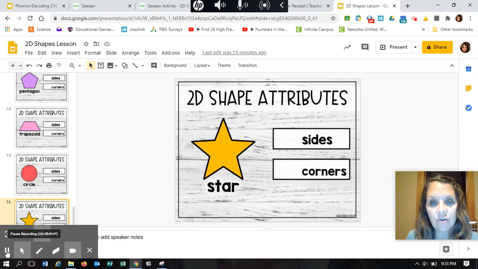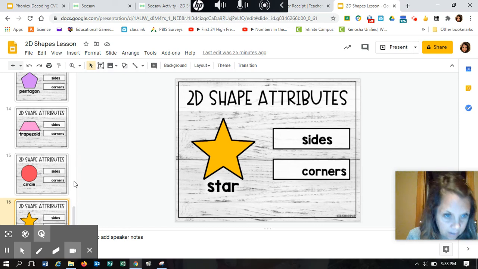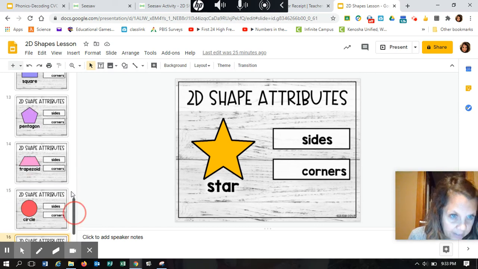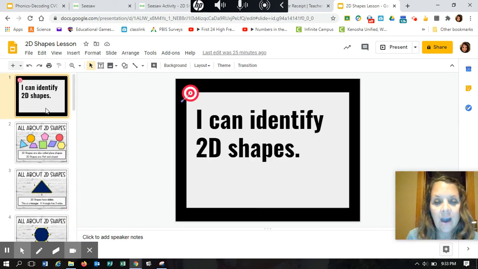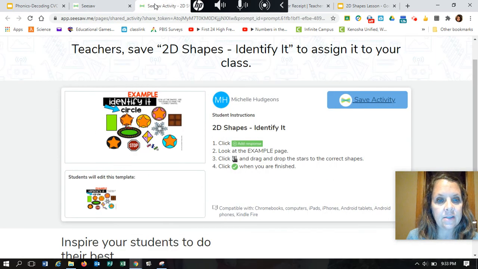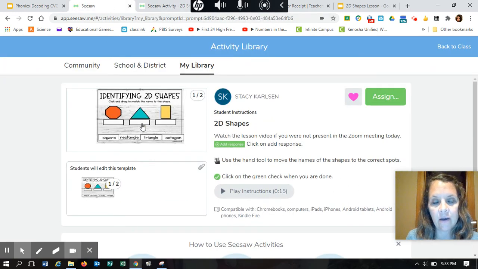Okay, now I'm going to show you what you are going to do to practice our learning target, which said, I can identify 2D shapes, so naming your 2D shapes. So you are going to go into Seesaw, and you're going to practice this activity that says identify 2D shapes.